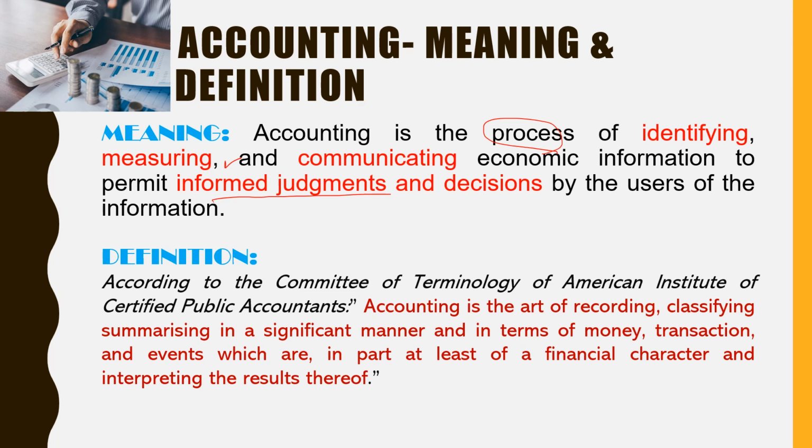It's not a science, it's a process. It's a process of identifying, measuring, and communicating economic information. Something which is expressed in economic terms, only then will we consider it in accounting.